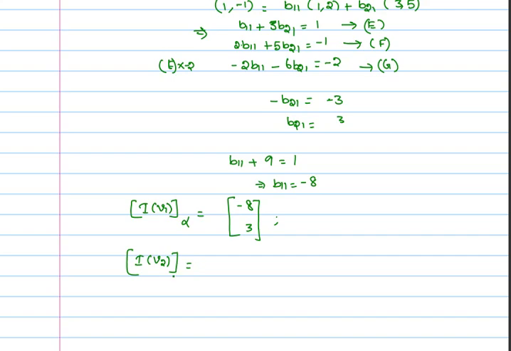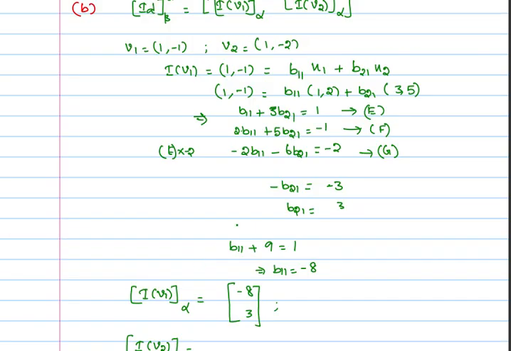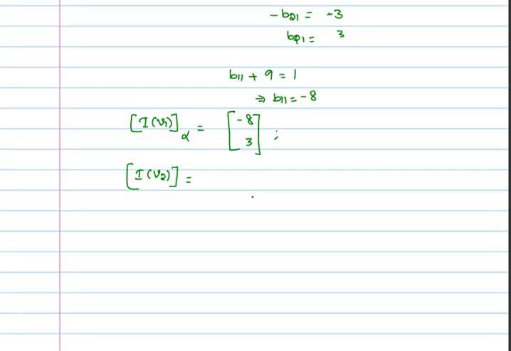So I of V2 is (1, -2). So (1, -2) is equal to b12 times (1, 2), that is my V1, plus b22 times U1, B of 2, which is (3, 5).